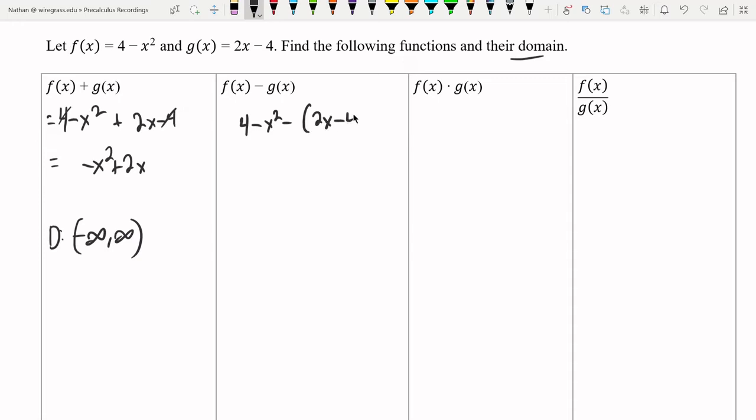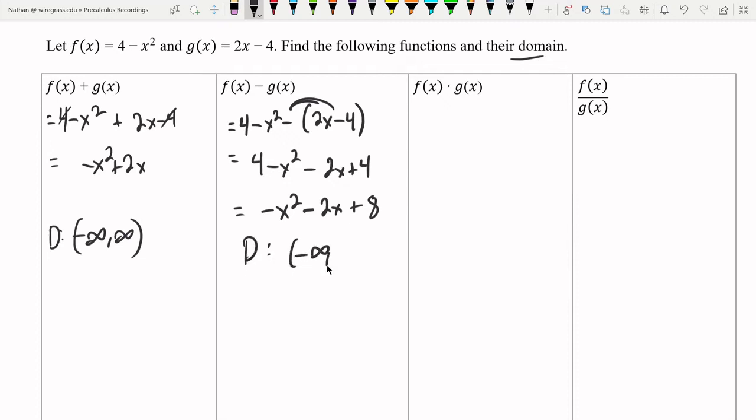Now I'm going to put g of x in parentheses so I can distribute this negative. That's going to give me 4 minus x squared minus 2x plus 4, which now gives me negative x squared minus 2x plus 8. Once again, a quadratic function, which is a polynomial, and polynomials have everything in their domain.